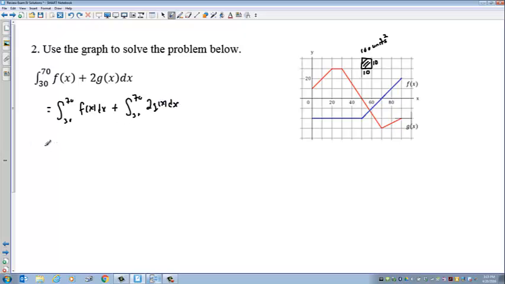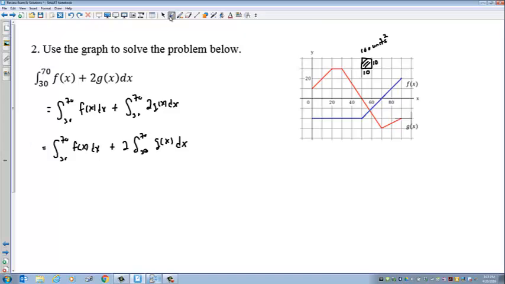And then we can go one step further and pull out that 2, so we have the integral from 30 to 70 of f of x dx plus 2 times the integral from 30 to 70 of g of x dx.